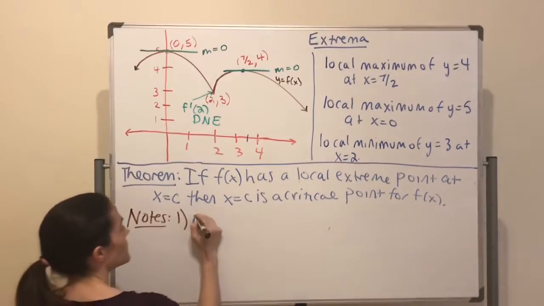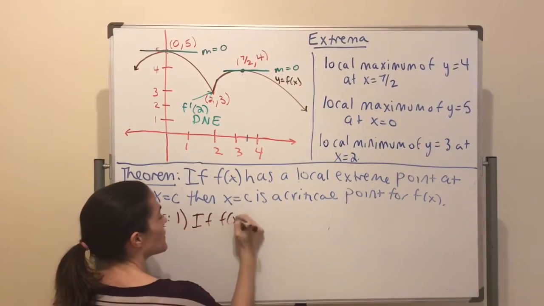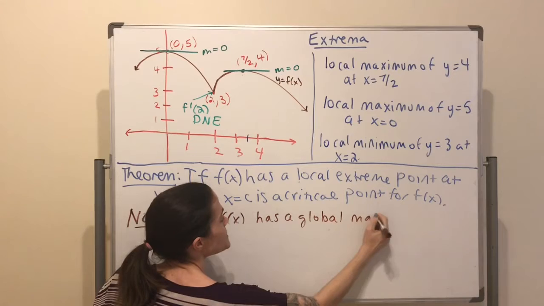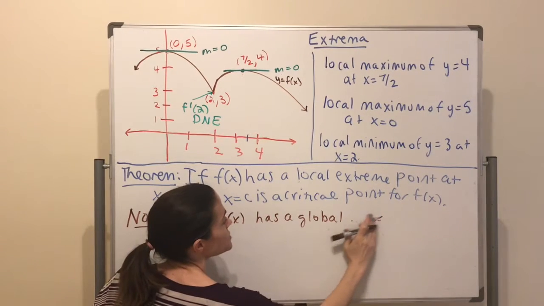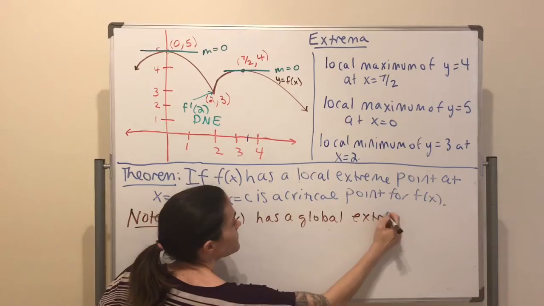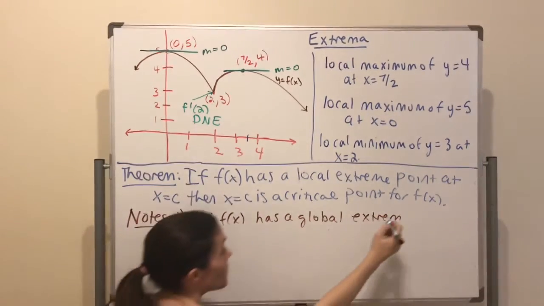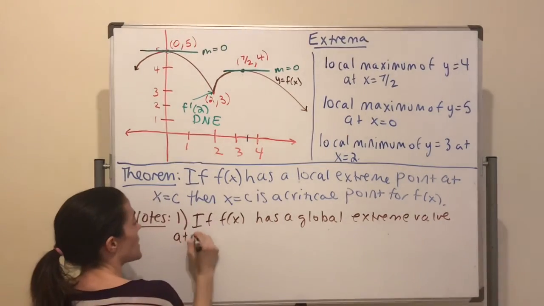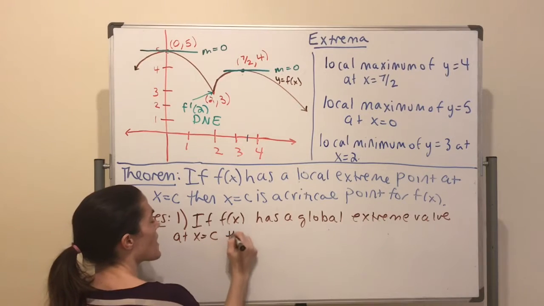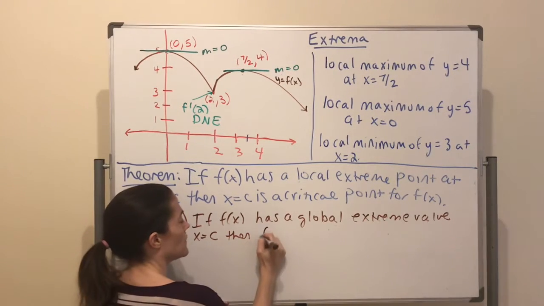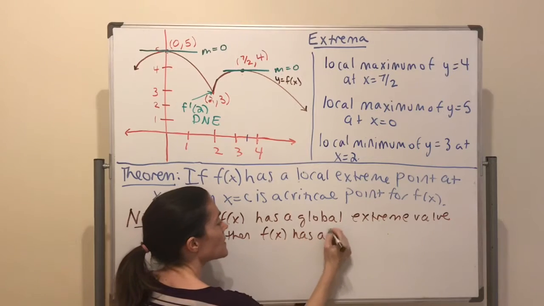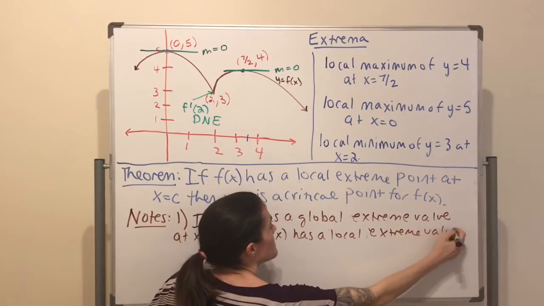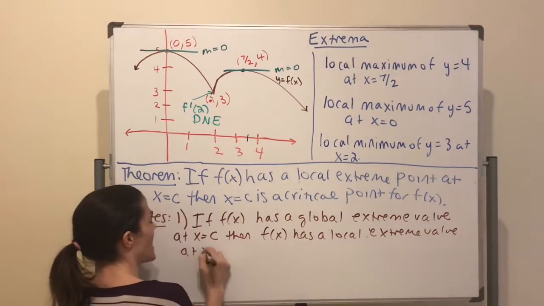So if a function has a global max or min, maybe I will just say extremum, at x equals c, then f of x has a local extreme value at x equals c.